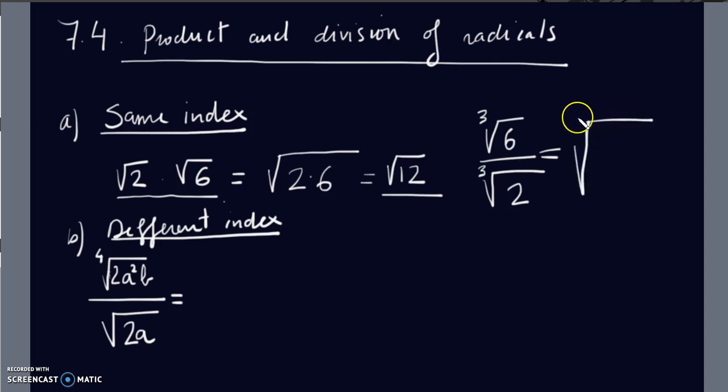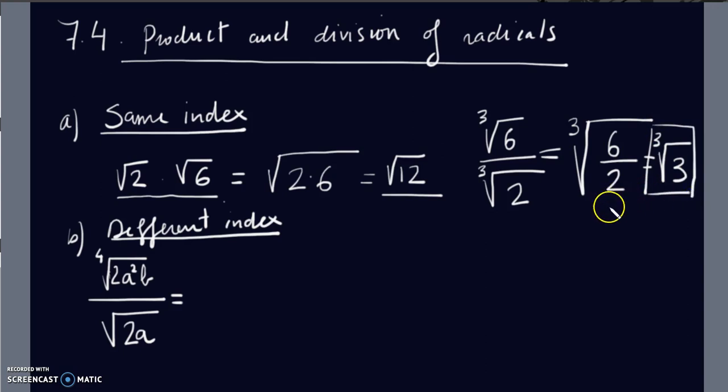So we write the same radical with the index 3, and inside the radical I write the fraction, the division. 6 divided by 2 is 3. So the third root of 3.